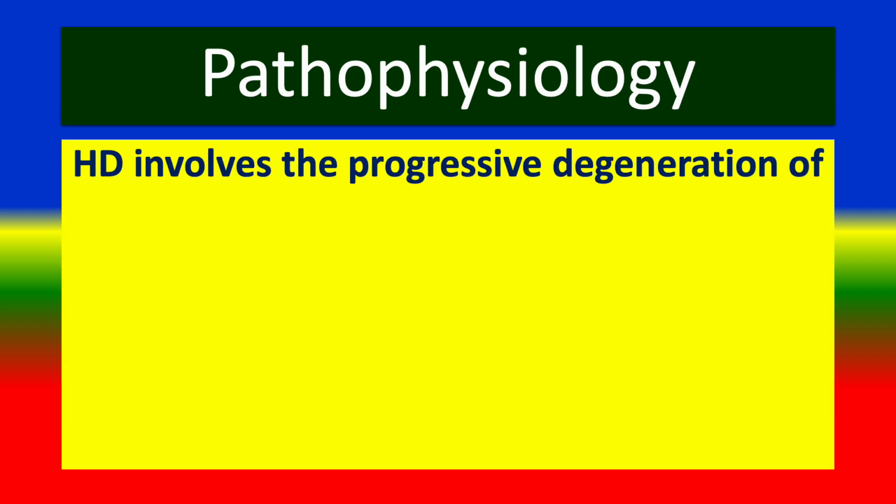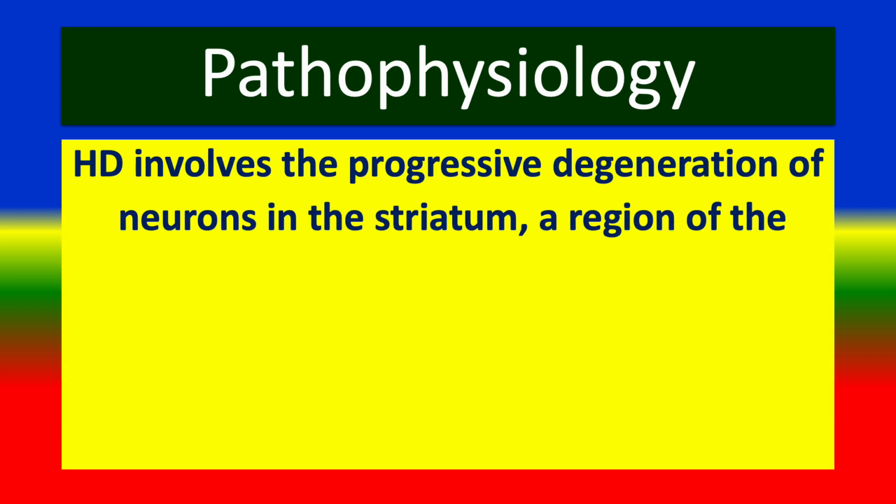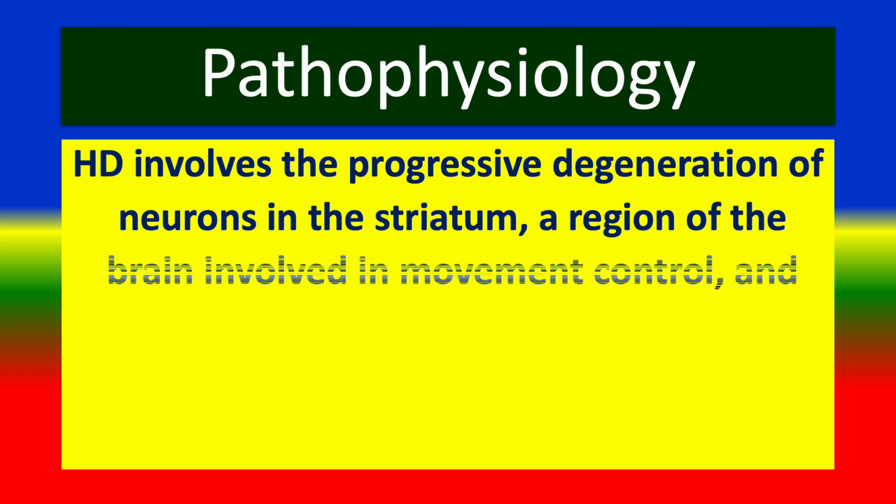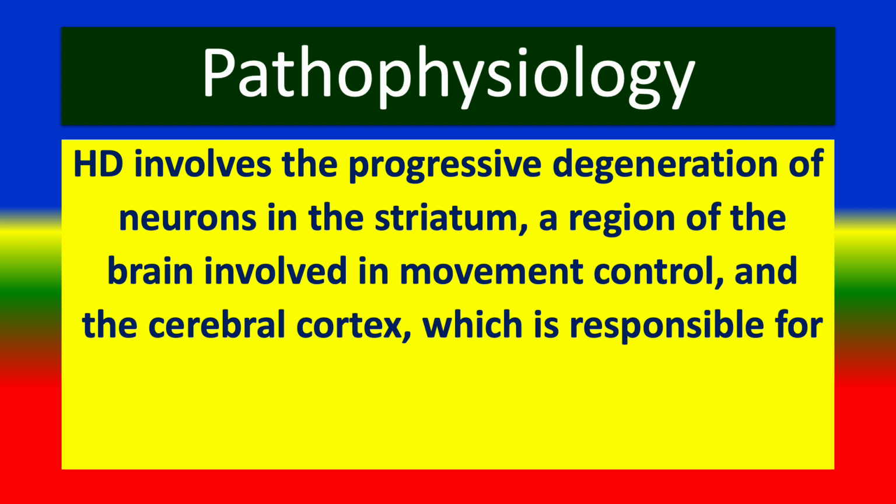Pathophysiology. HD involves the progressive degeneration of neurons in the striatum, a region of the brain involved in movement control, and the cerebral cortex, which is responsible for cognitive functions.